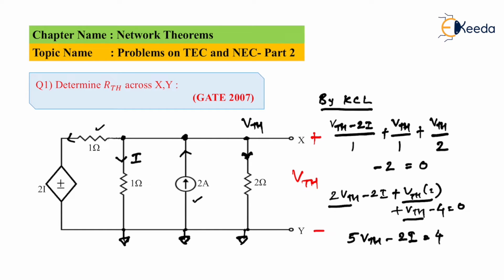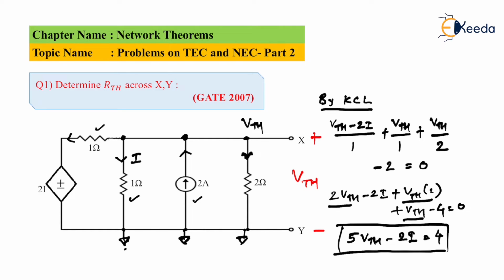Now the problem is, if I have to get VTH, I need to find the value of I. As we can see, I is a current flowing through the 1 ohm branch. So can I replace I in terms of VTH, which will ultimately solve my problem for this equation? As we can see, I is nothing but VTH minus 0 upon 1. So I can replace I with VTH.